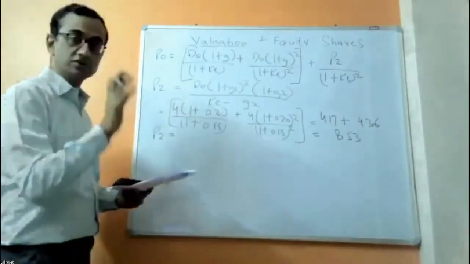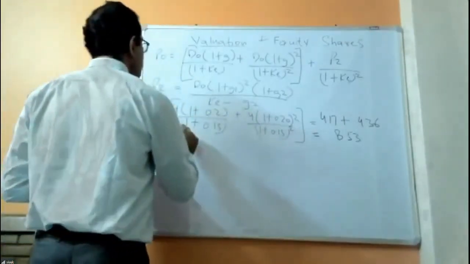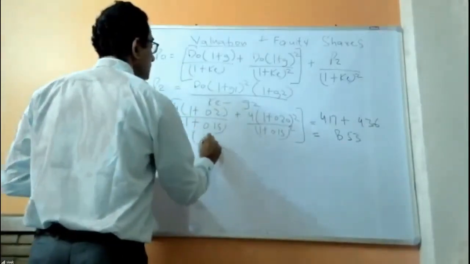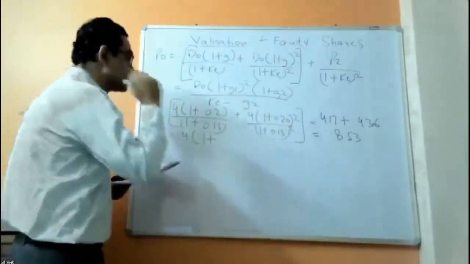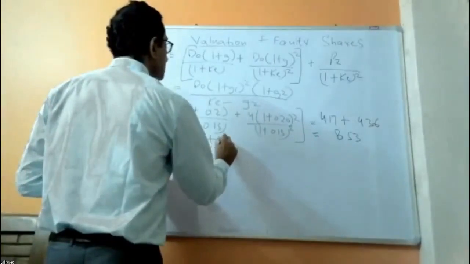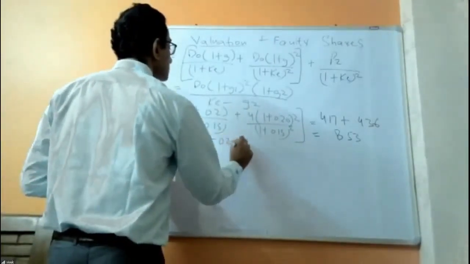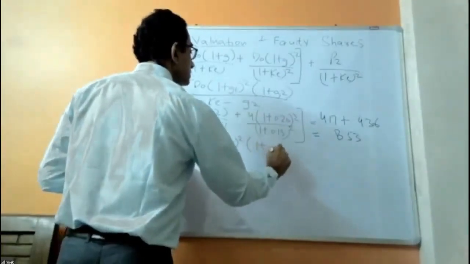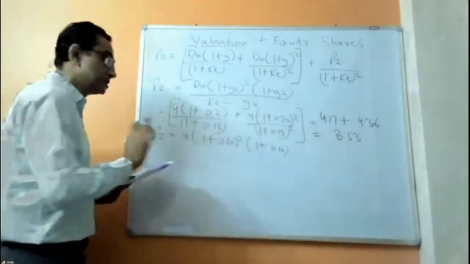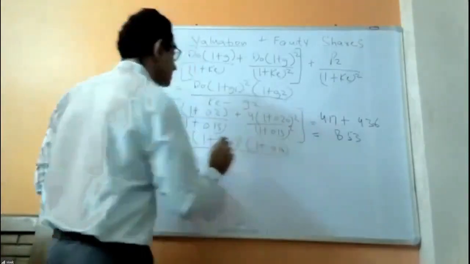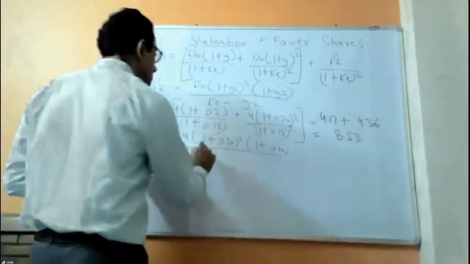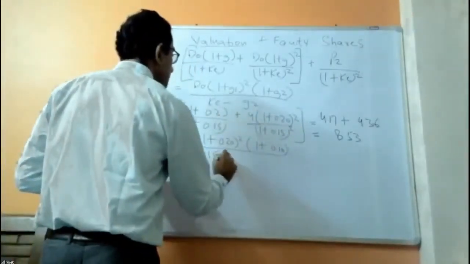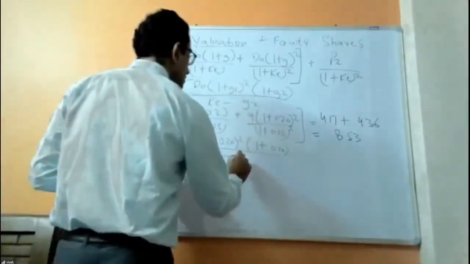Let us put the figures into the formula. Current dividend 4, (1 + G1), that is the higher growth rate, squared, multiplied by (1 + G2), which is the normal growth rate, 10%, divided by Ke minus G2. Ke is the discount rate, 15%, minus G2, the normal growth rate.